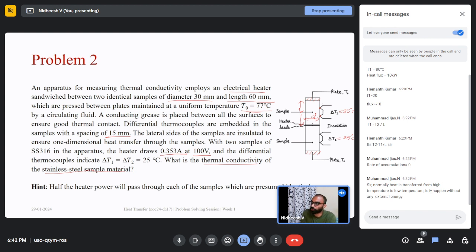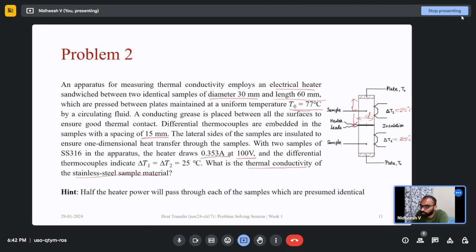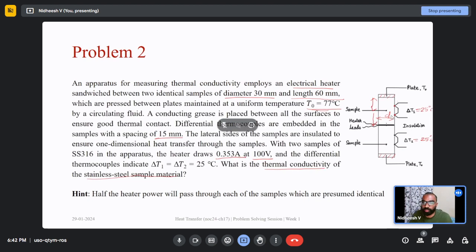For any transfer process, like for mass transfer, there should be a difference in concentration, and for electric current to transfer, there should be a difference in electric voltage. There should be a potential difference. Whenever there is a difference in temperature, there would be a heat flow. That is the driving force for the heat flow. Okay, we will come back to this question.